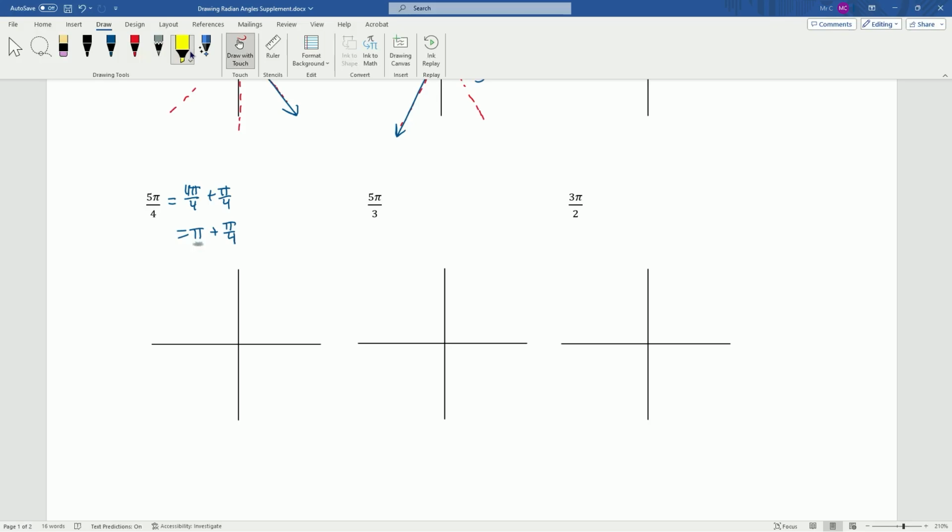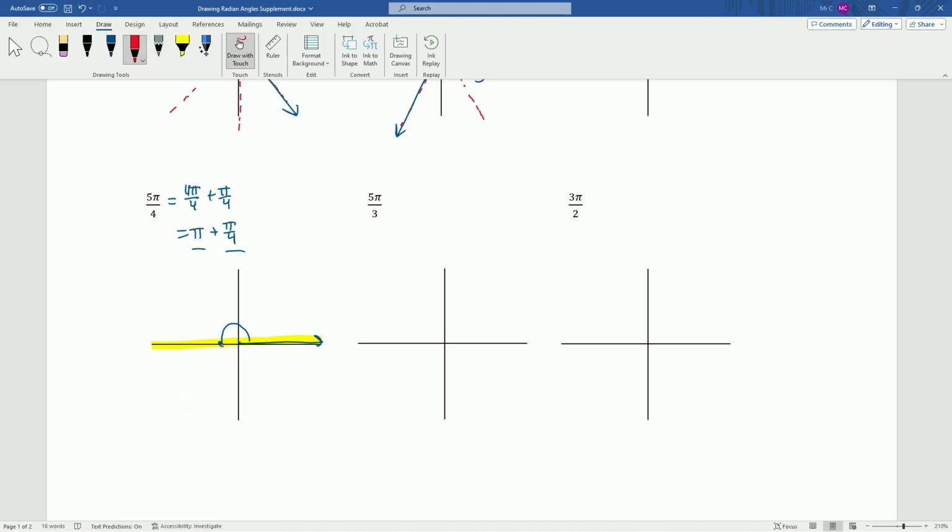All right, so let's see how that helps us draw 5π/4. So what I'm going to do is start by drawing my multiples of pi. I've got a pi here, so I go out pi, and I'm going to put a little mark on my graph every time I rotate pi, just because it's going to help me keep track of what I'm drawing. So I rotated out pi, and now I have 1/4 of pi left.